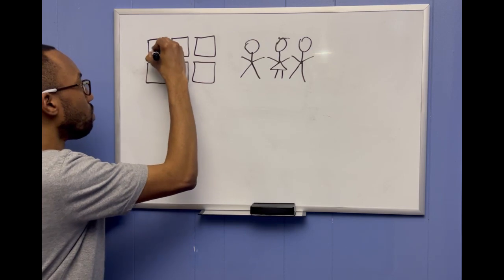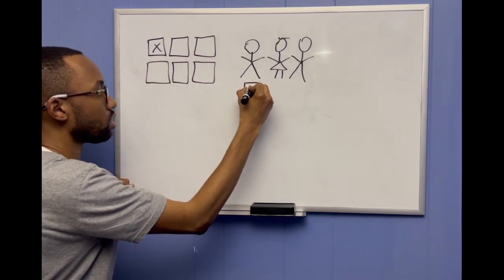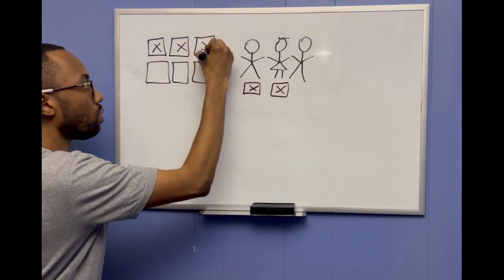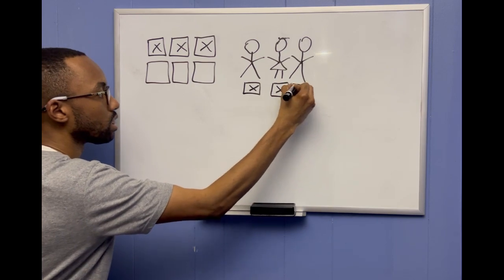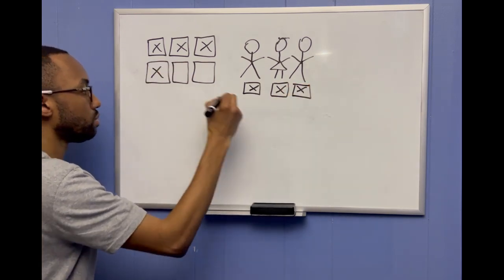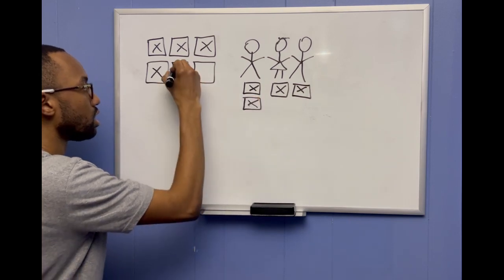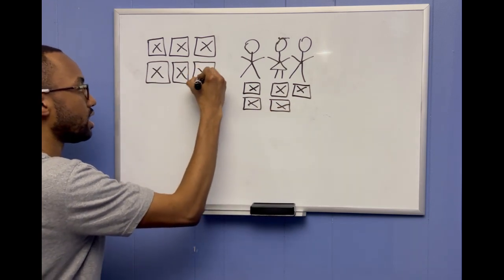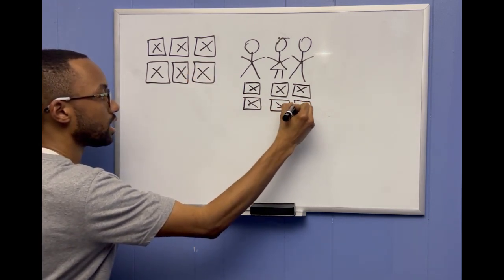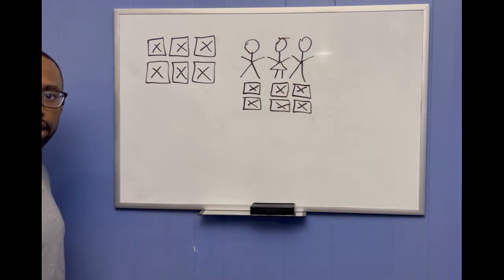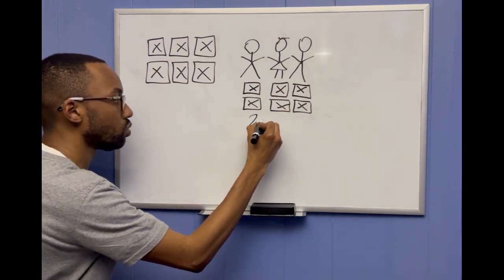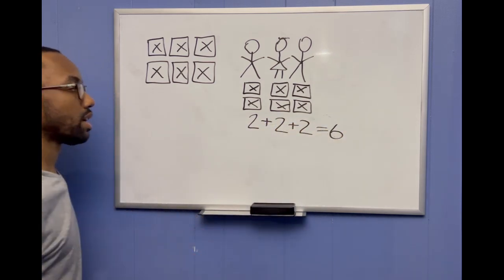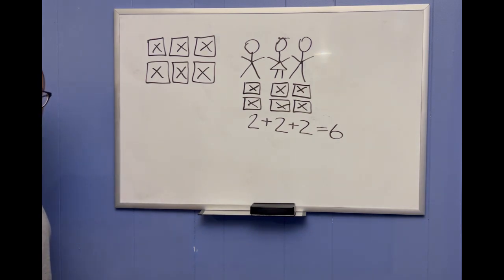Well, if we give 1 ice cube to Alex, 1 ice cube to Jane, 1 ice cube to Carl, another ice cube to Alex, another ice cube to Jane, and another ice cube to Carl, they will each have 2 ice cubes. So that's 2 plus 2 plus 2, which equals 6. The same amount of ice cubes that we started with.